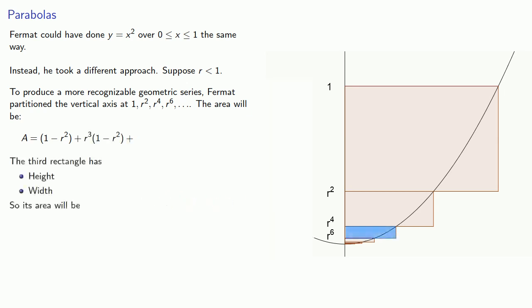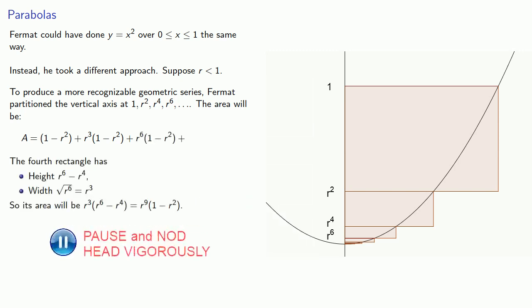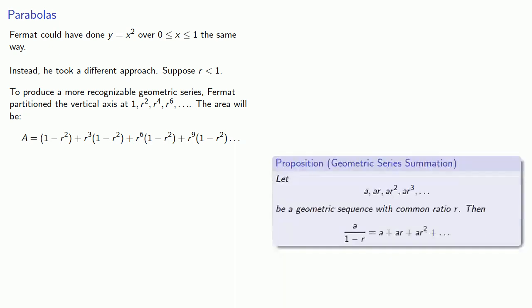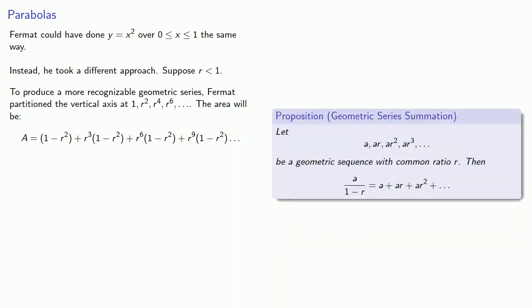The third rectangle has height, width, and area, which we can factor as, and the fourth rectangle, and so once again our areas form a geometric sequence and the total area is a geometric series.